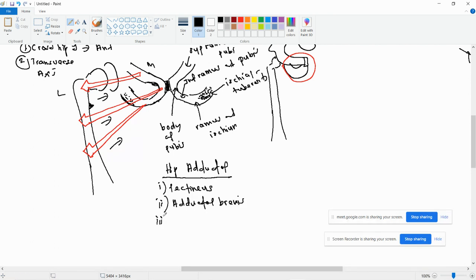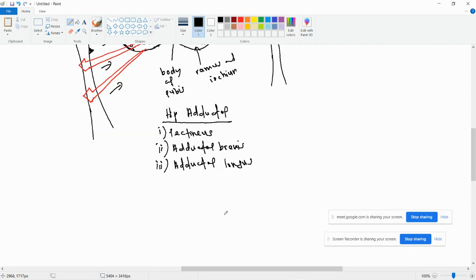Number three, we have adductor longus. Brevis means short, longus means long. Number four, we have gracilis. And the last one, the biggest one, we have adductor magnus. Clear, class?